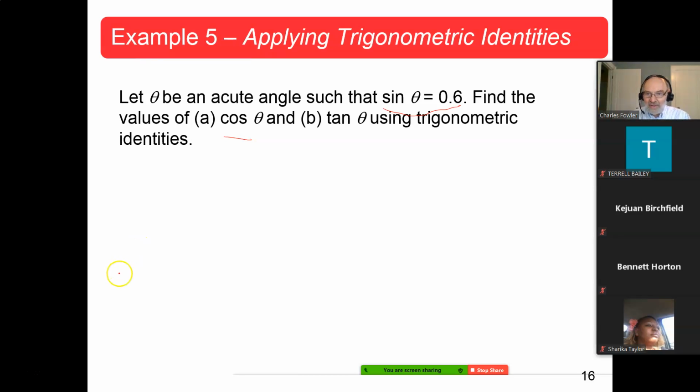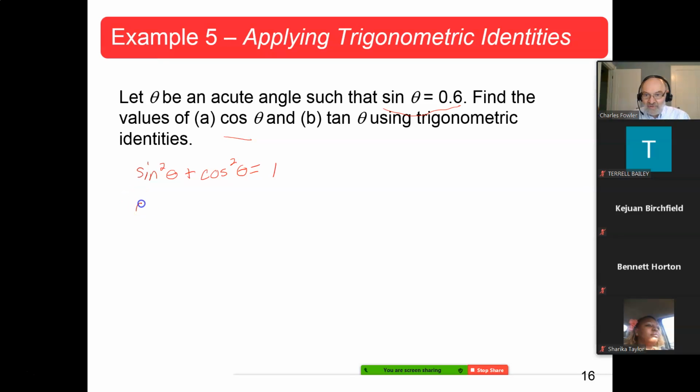And what we know here from the Pythagorean identity, anyone tell me? Sine squared theta plus cosine squared theta is equal to what? Always 1. Well, we know what sine is. Sine is 0.6.